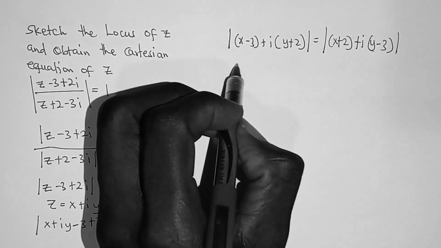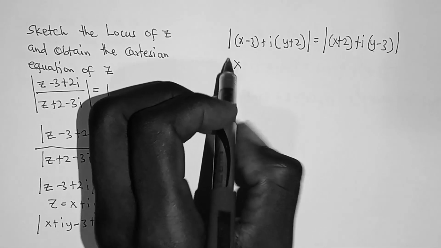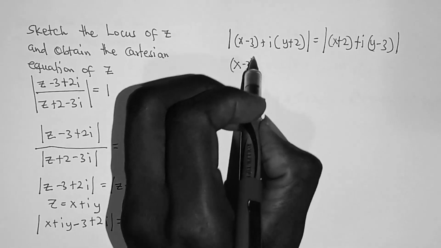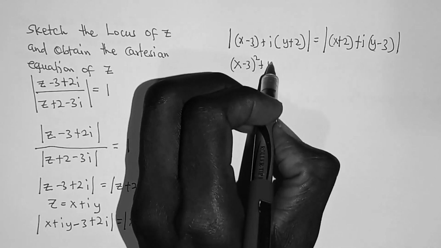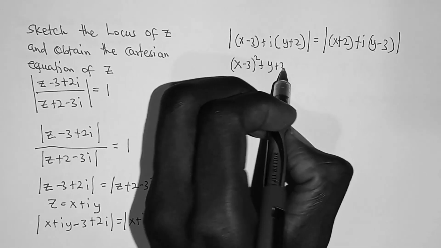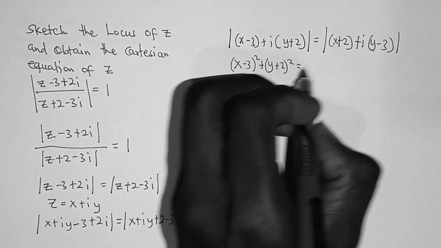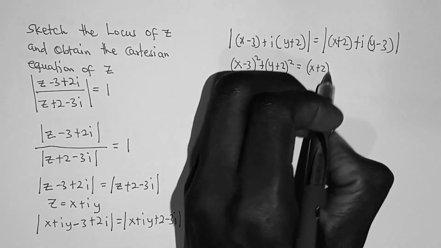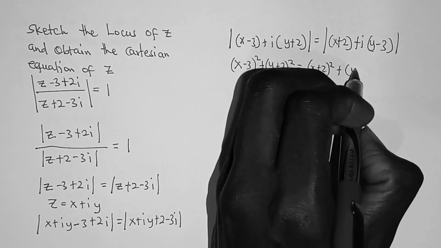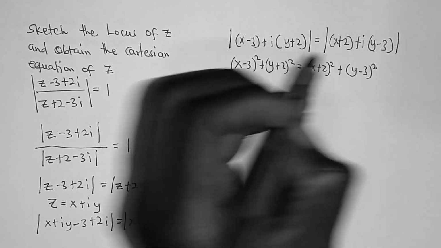Therefore, if we square, we get (x minus 3) all squared plus (y plus 2) all squared equals (x plus 2) all squared plus (y minus 3) all squared.